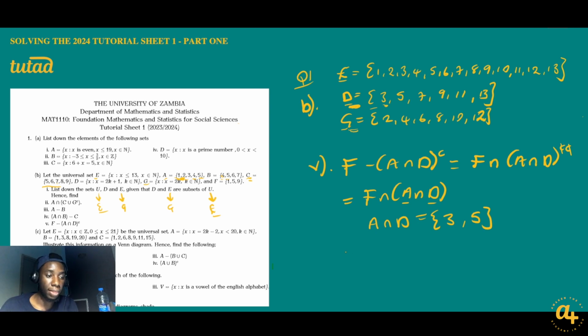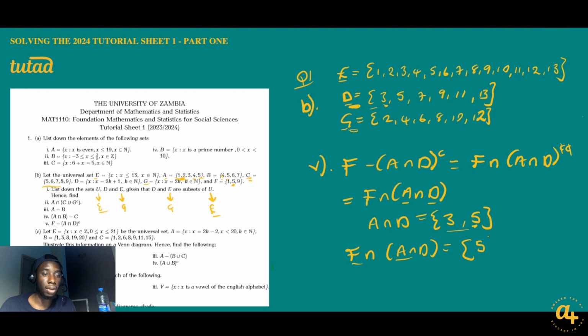Now that we have that out of the way, let's find what's common between the set F and the set A intersection D, which is what we are after. So what's common between the set F and the set A intersection D? Okay, so when we look at our set F, we have 1, we have 5, and we have 9. And in our A intersection D, we have 3 and 5. So automatically there we can see that the common element there is simply just 5.